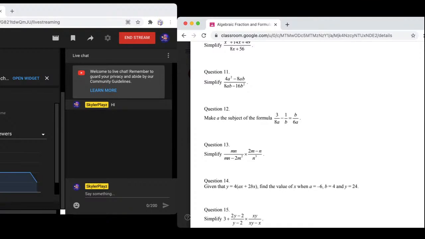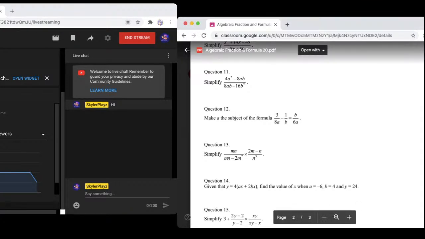Okay, next question. Question 30. mn divided by mn minus 2m squared times 2m minus n divided by n cubed. And then always do factorization.